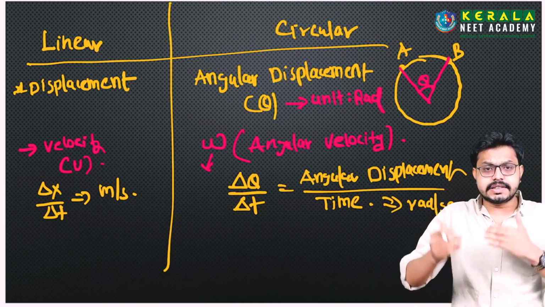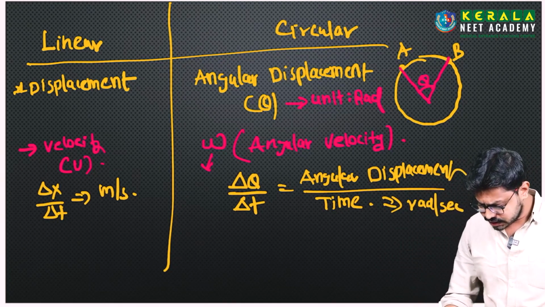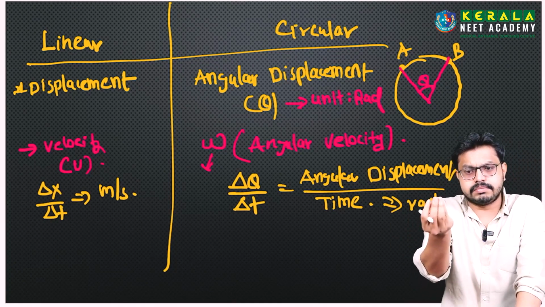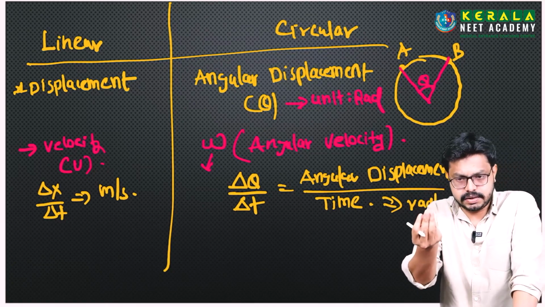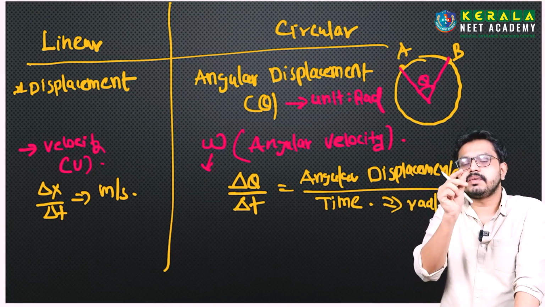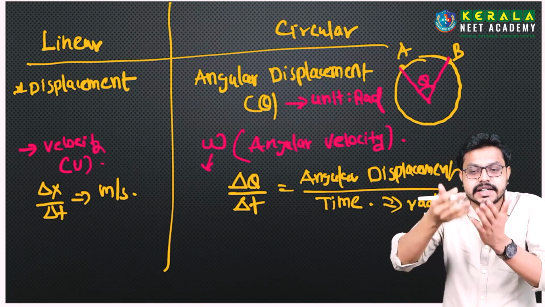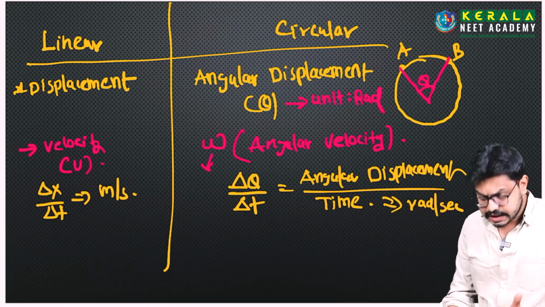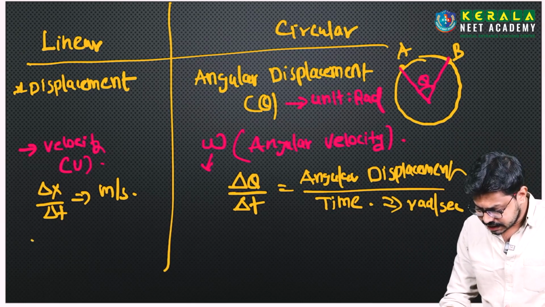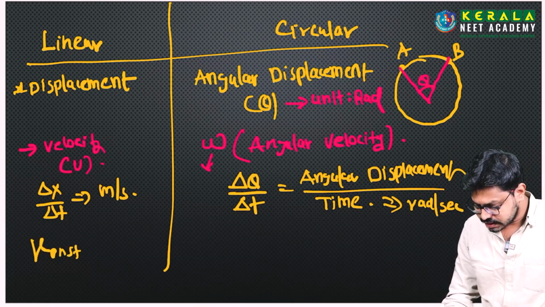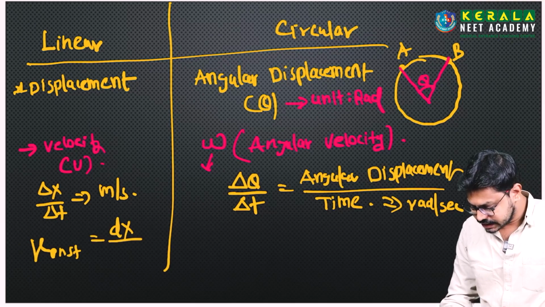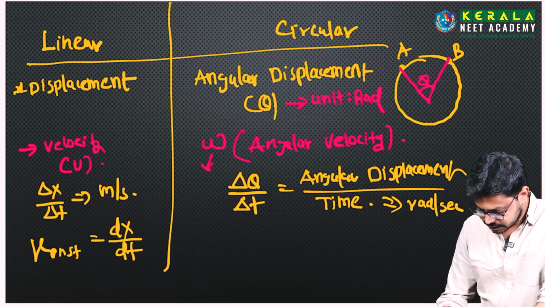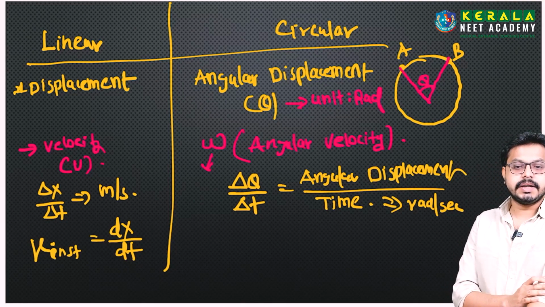If you take the instantaneous velocity, what is the equation? Instantaneous means a very small time. We take a very small time gap, delta t tending to 0. We already know from one dimension that instantaneous velocity is equal to dx divided by dt.